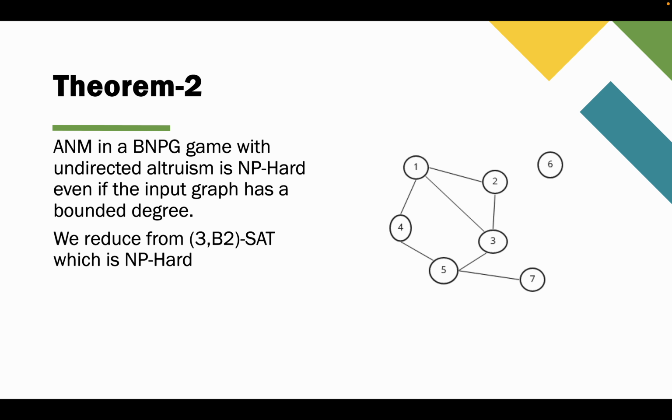Now, if your input graph has bounded degree and the corresponding altruistic graph is undirected, then again this problem is NP hard, and we can show this by reducing appropriately from the 3-bounded-3 SAT problem, which is NP hard.